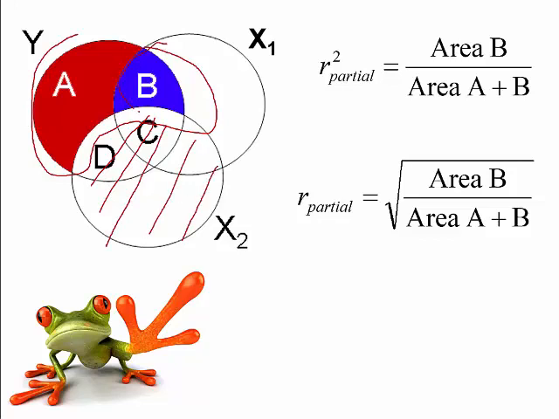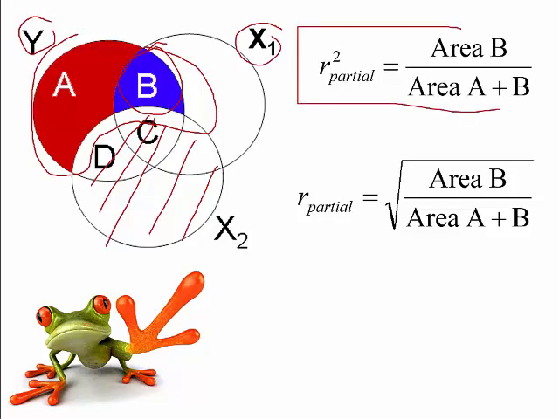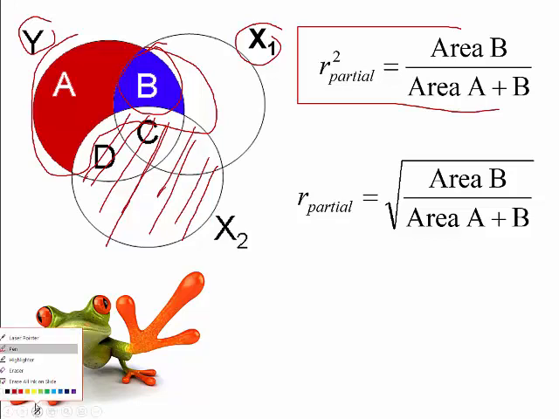And so area B is the part of the residual variance of Y that's been explained by the residual variance of x1. And that's what the partial correlation squared tells us: what is the percent of variance in the residual of y that's explained by the residual of x after x2, the control variable, has been extracted out of everything.